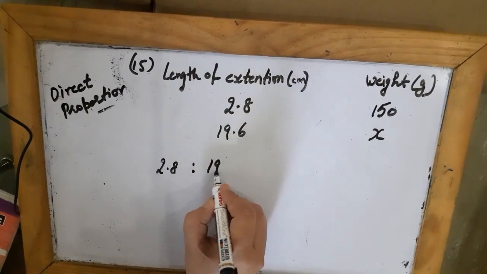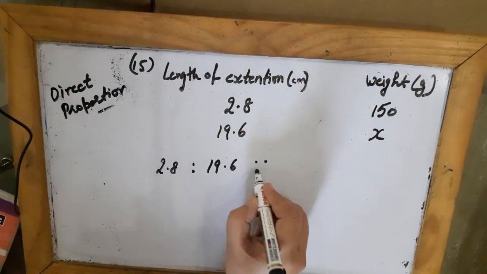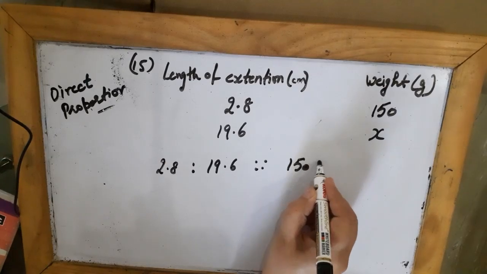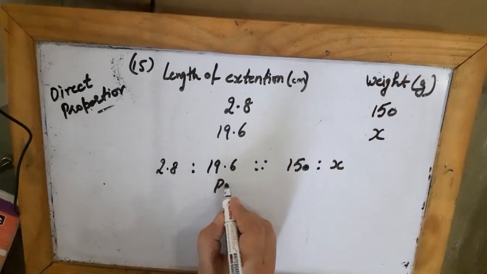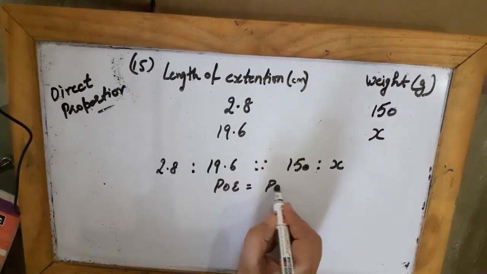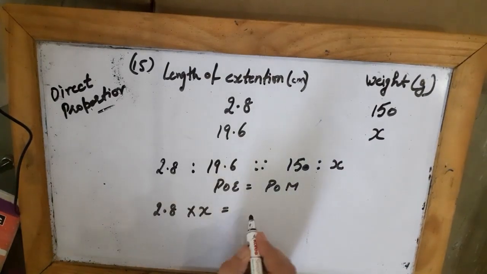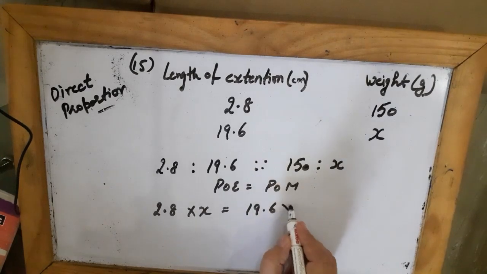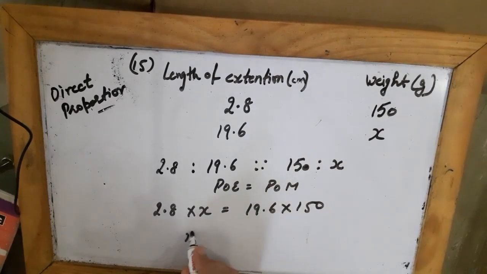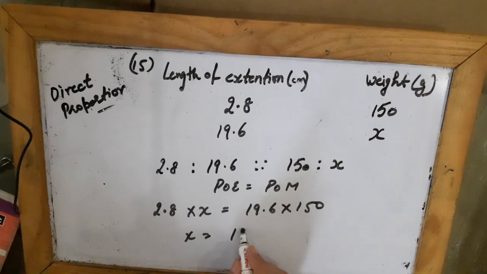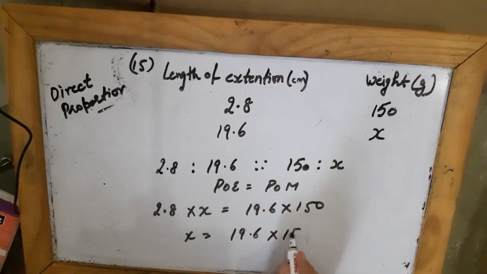2.8 is to 19.6 as 150 is to x. So product of extremes is equal to product of means. So 2.8 into x is equal to 19.6 into 150. So x find out करना है. So I'll shift this to the other side and it will become 2.8.